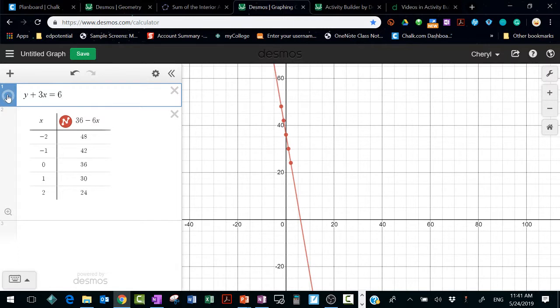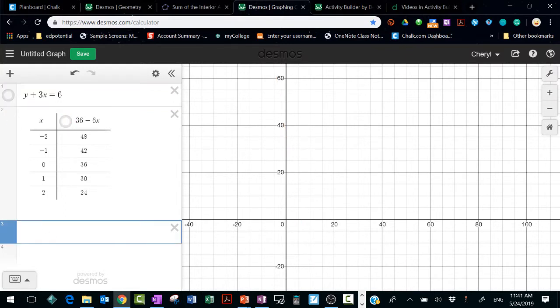Depending on the form that the equation is, sometimes you can get a table of values, sometimes you won't, sometimes you'll just have to use the x and y intercepts. So let's try this one. Turn that off. Just out of curiosity, y minus x equals 6. There's the graph.